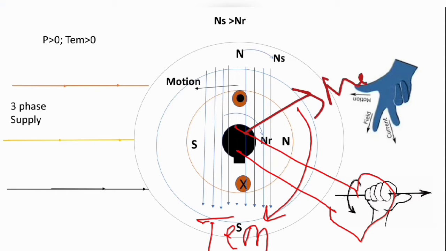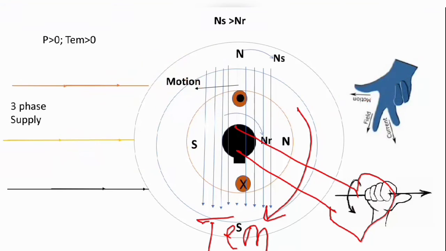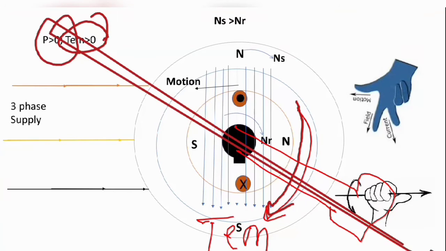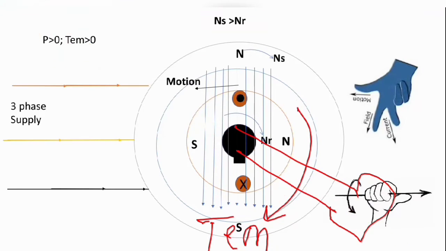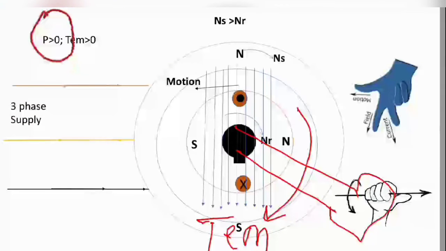Why is it a motor? Because for a motor we know Nr will be less than Ns. Nr should be less than Ns, so this is the case of a motor. In this case the torque is positive. Let's assume this clockwise direction of torque is positive, and let's assume this power is positive. Torque is positive and power is positive.